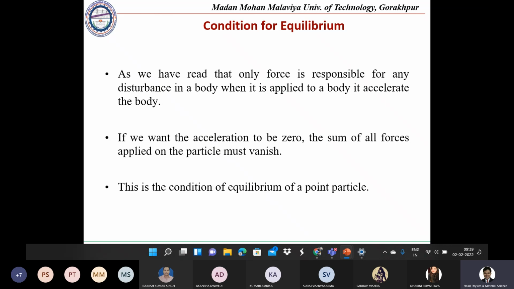So for the point particle, it is essentially required that the sum of all the forces responsible for the acceleration must vanish, because the acceleration has to be zero. Only in that condition will the particle be in equilibrium, or stable, or static at a particular point.